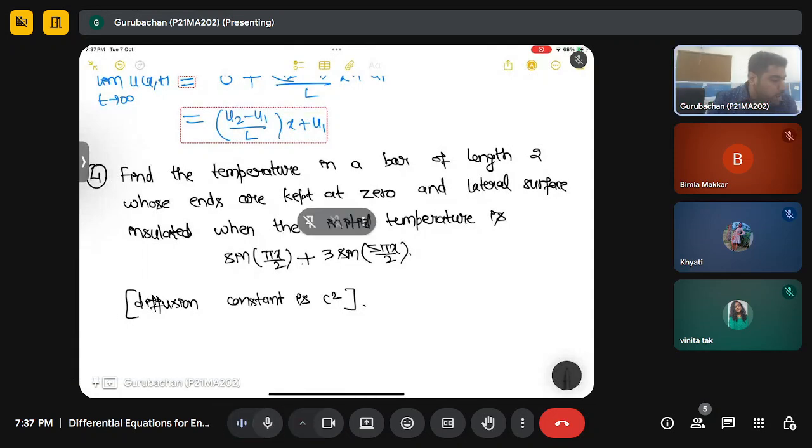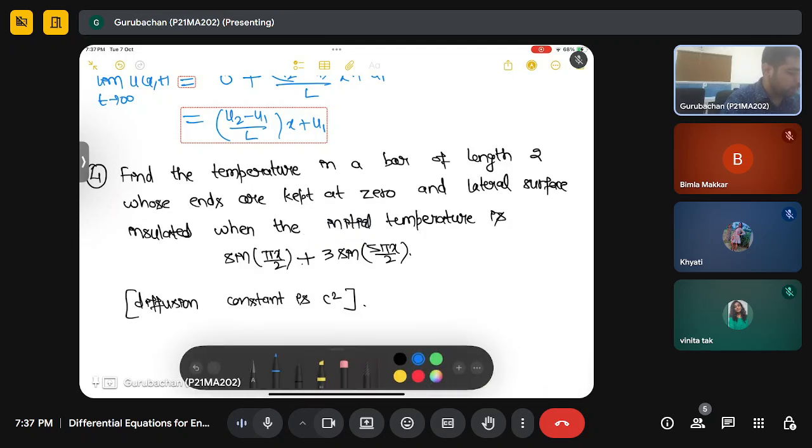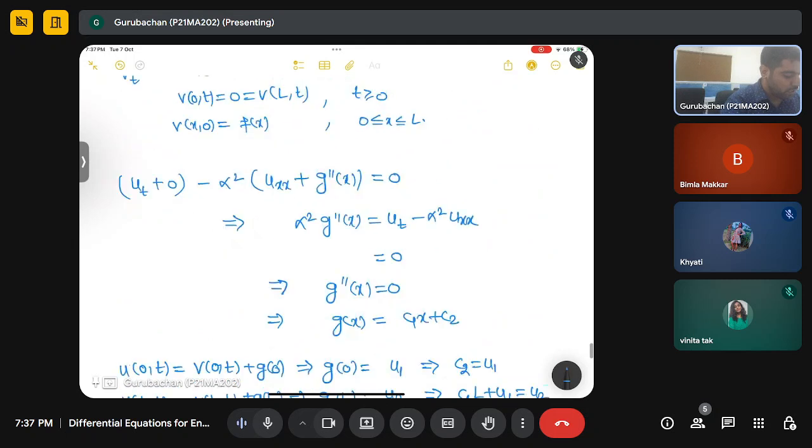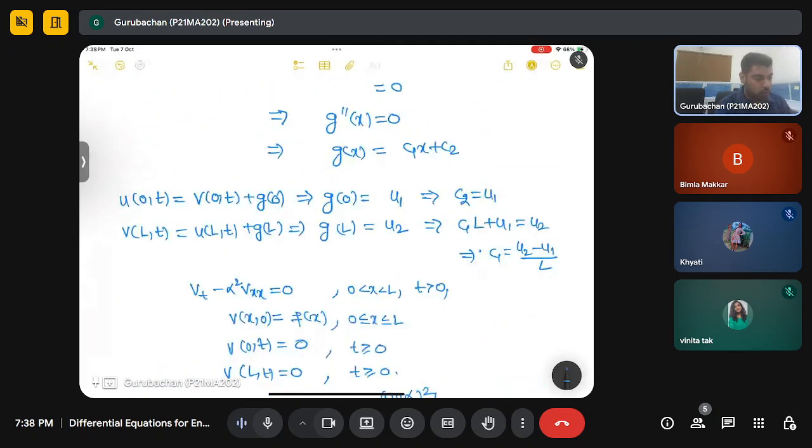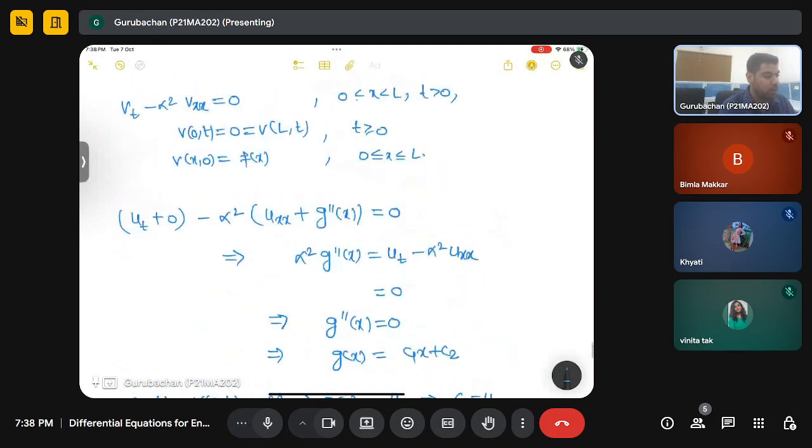So here I would like to first mention one thing: in the previous question we used v0t to be 0. We are targeting that.